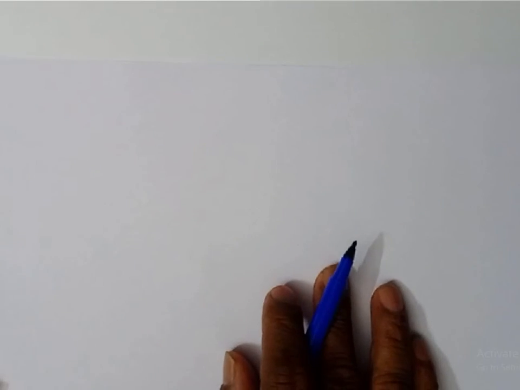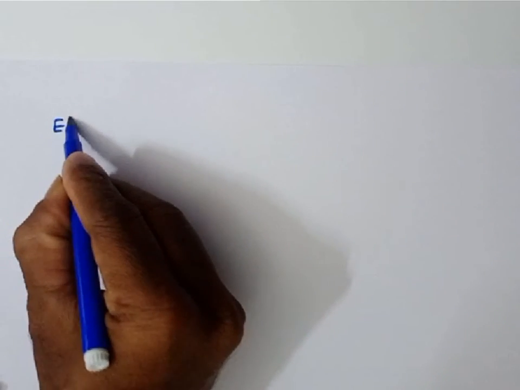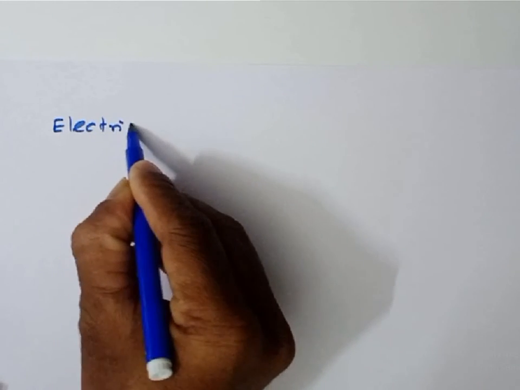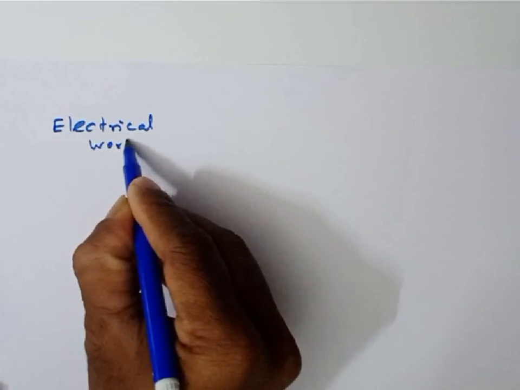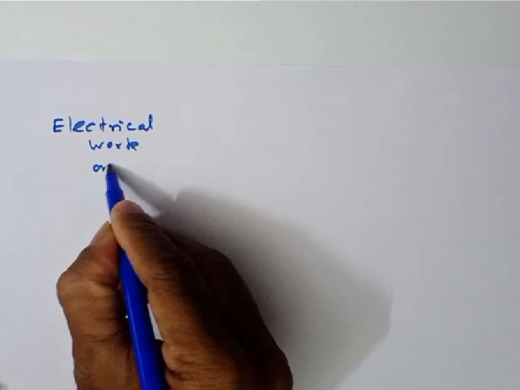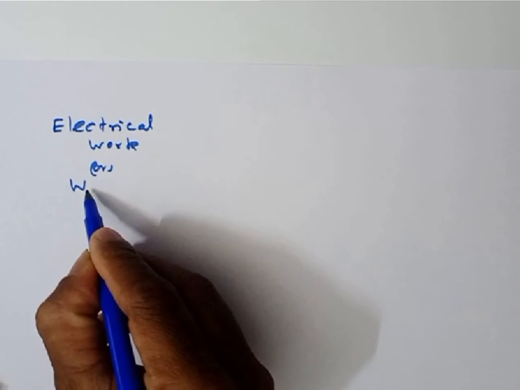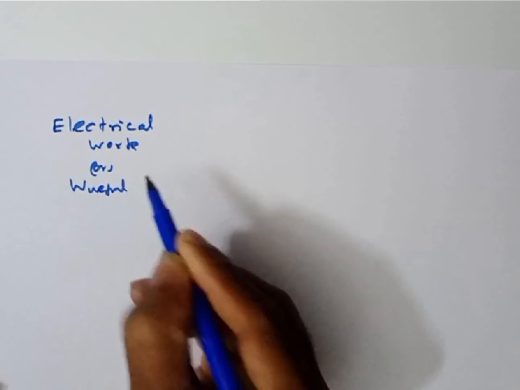The electrical work that is obtained from the cell is also called the useful work. Students, observe carefully. Electrical work, we also call this as useful work, W useful work.